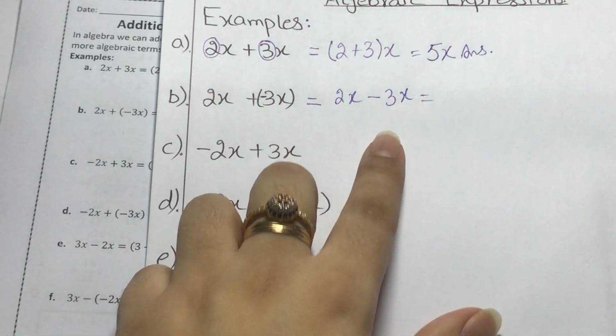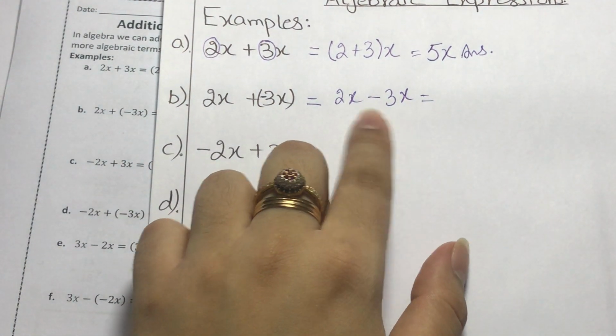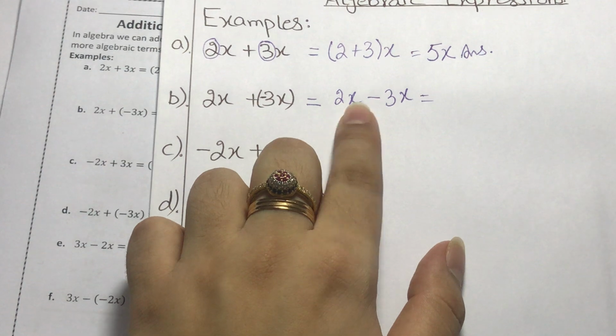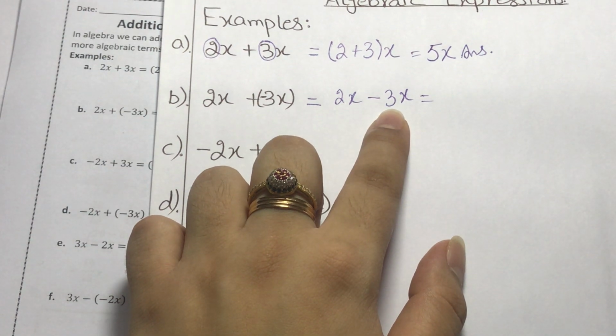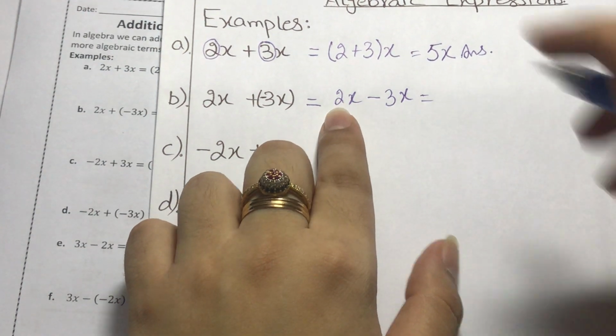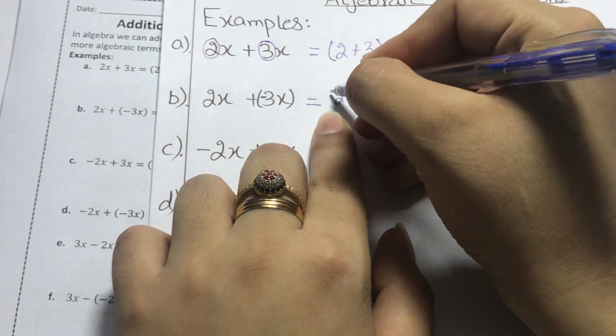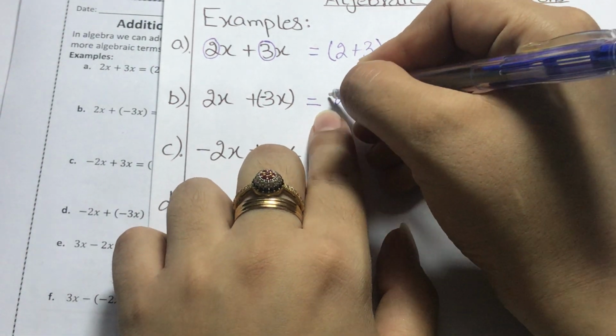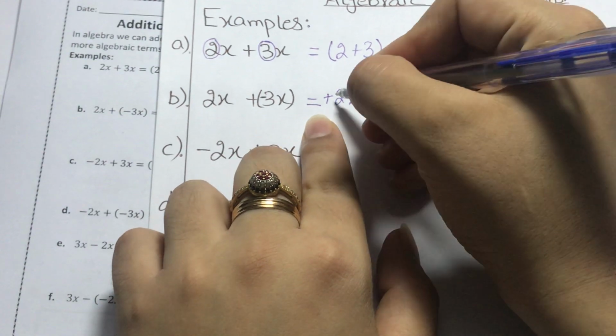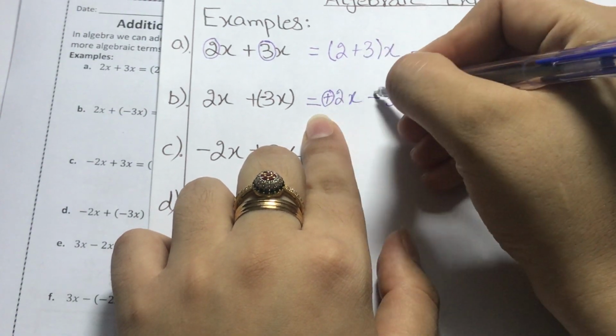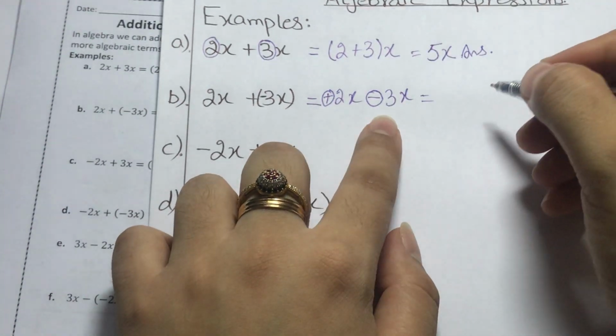Again, remind your integers rules. If you have two different signs, here you can see there is no sign with 2x, that means it's positive. And if you have two different signs, what you have to do?